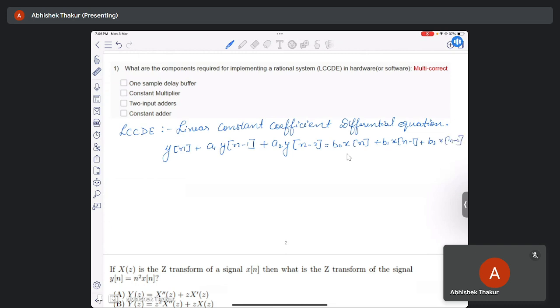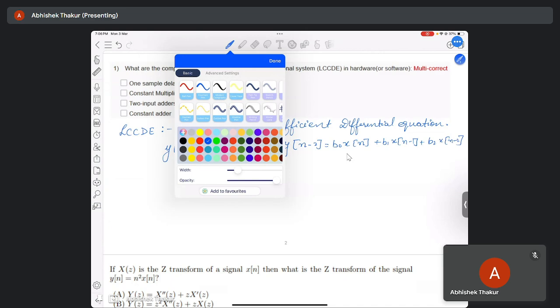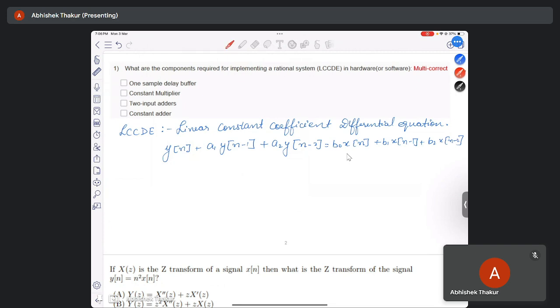Here you can see the main part, that this is in the difference form and this is the constant coefficient.